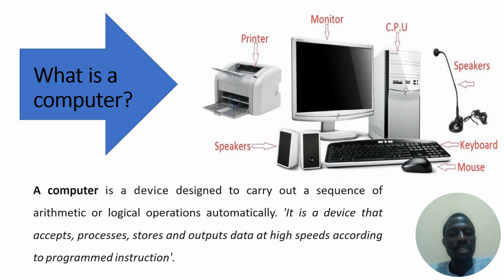There are keywords in the definition. A computer must have an avenue to receive data, which are raw facts or the instructions you want to send into the computer to process for you.